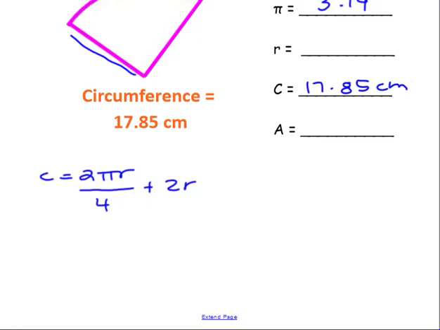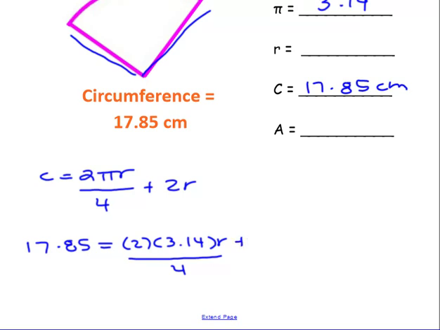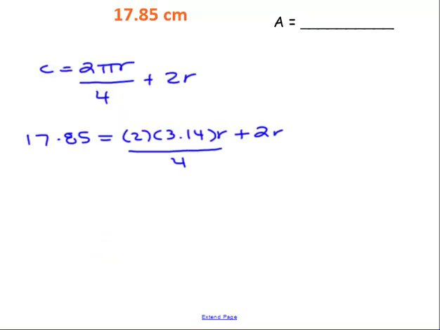Remember, I'm adding in those two extra sides that I have now. So I know my circumference is 17.85 equals 2 times 3.14 times r divided by 4 plus 2r.